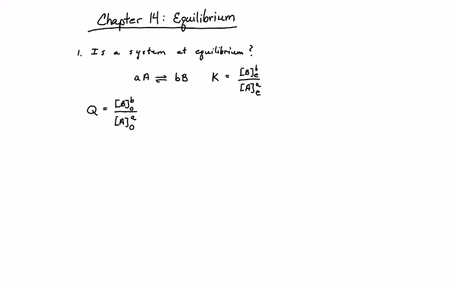Okay, so what we're going to do is calculate this reaction quotient given the amounts of reactants and products that are in the reaction. And we can wind up with one of 3 scenarios.